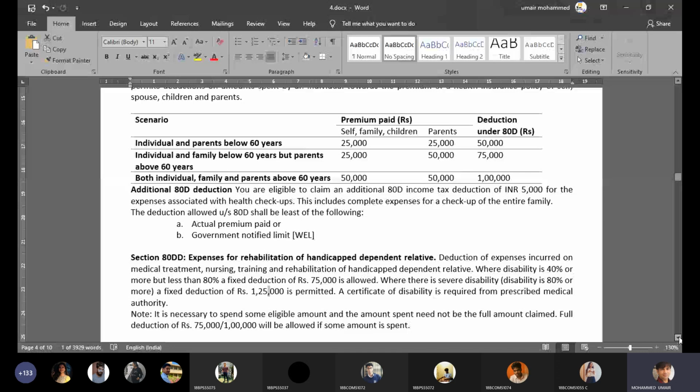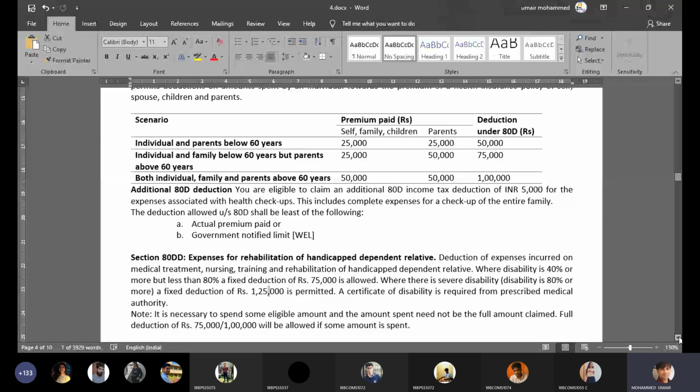Then you have 80DDB. 80DDB says, if you have incurred any expense for the treatment of specified diseases of self or dependent relatives, you can claim that as an expenditure. Now, what are the diseases for which you can claim deduction because you have incurred expenditure? Those diseases are also given under Rule 11DD. So these are the diseases.